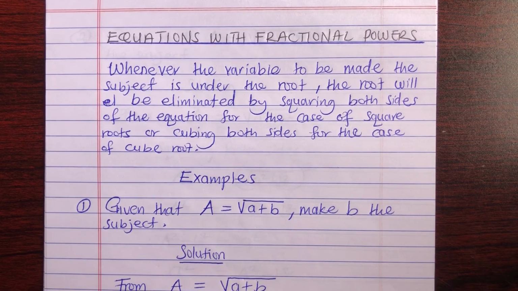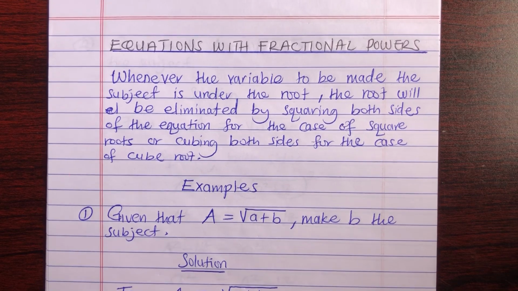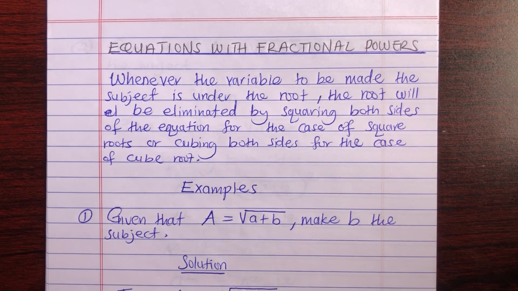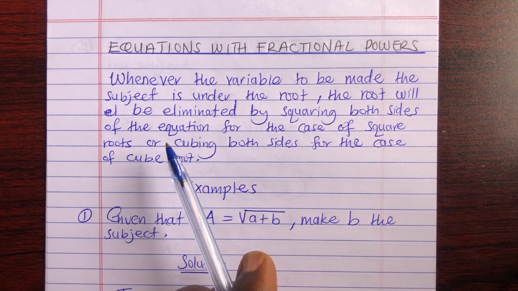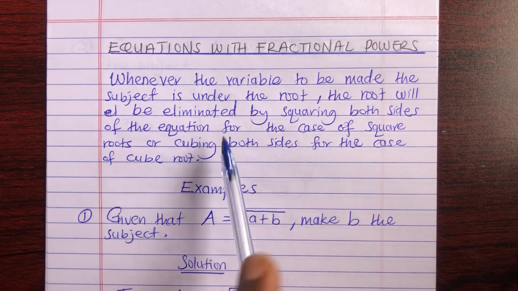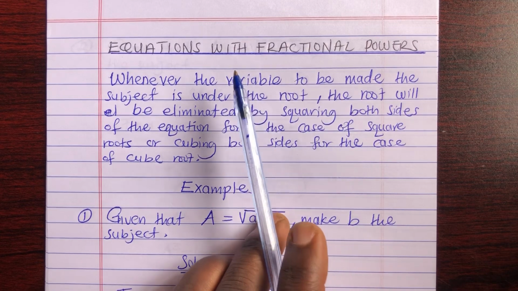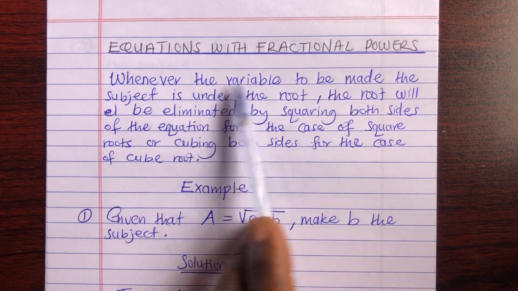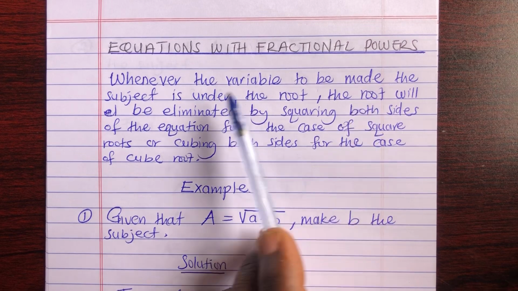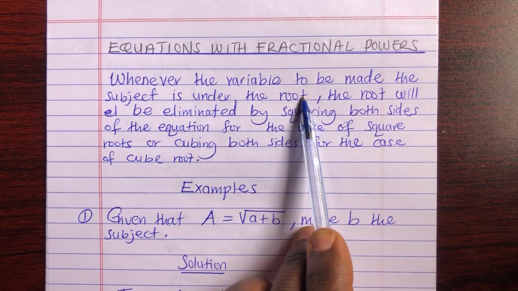Otherwise, in this particular lesson, we are looking at how we change the subject of the formula involving equations with fractional powers. So, we are told that, however, the variable to be made the subject is under the root.